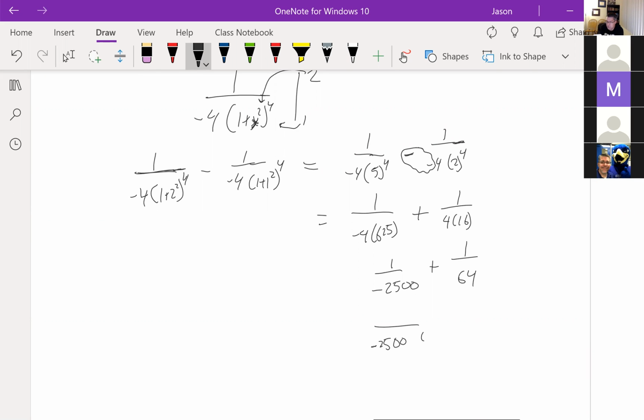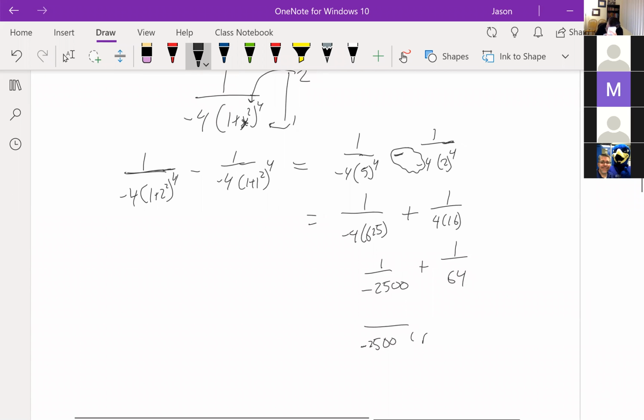So 2500 is divisible by 4. I'm going to multiply both top and bottom by 16, plus 1 over 64 times 625. I think 64 times 625 is 40,000.